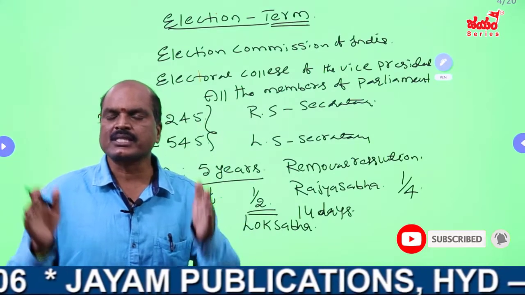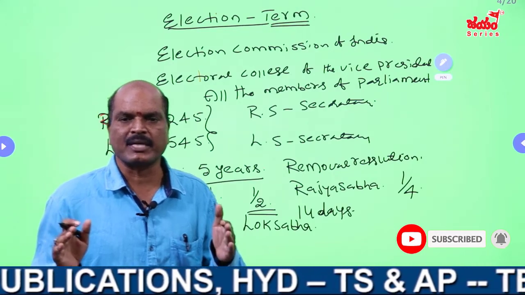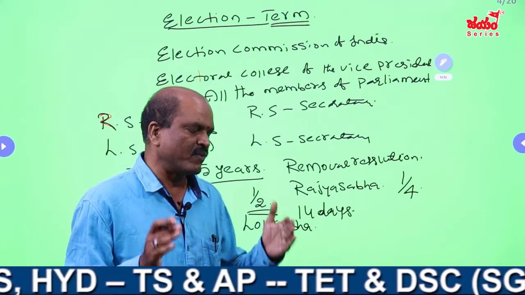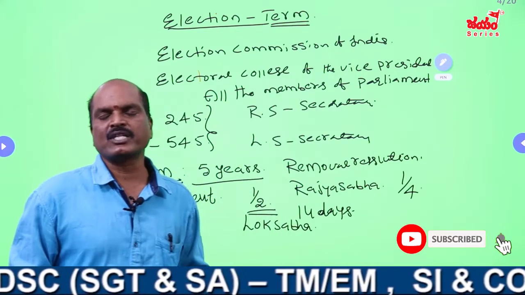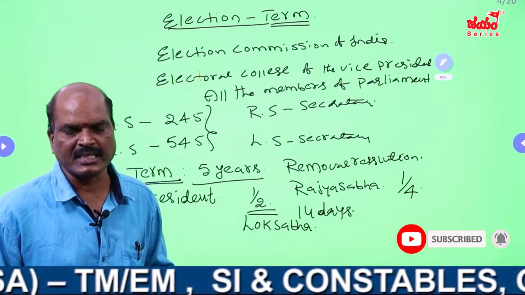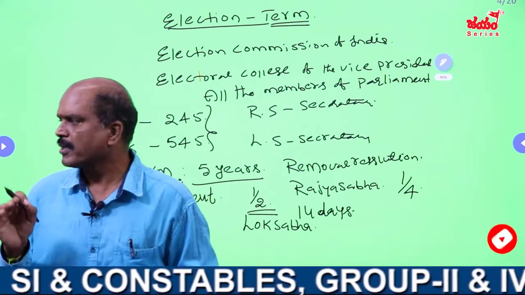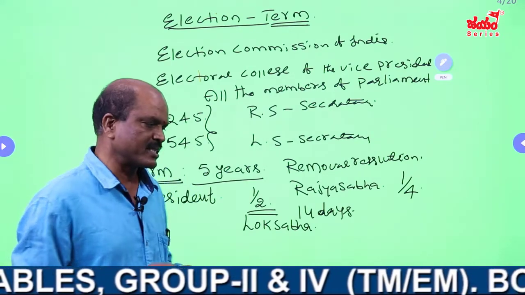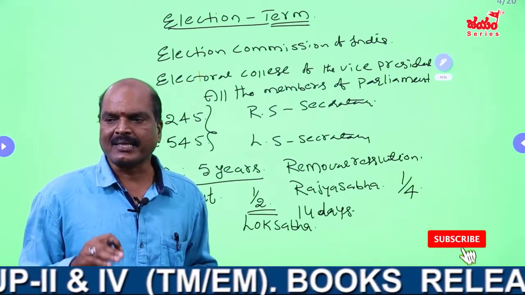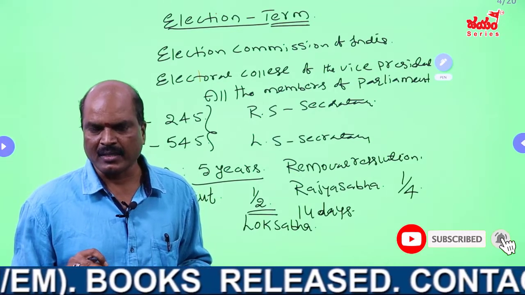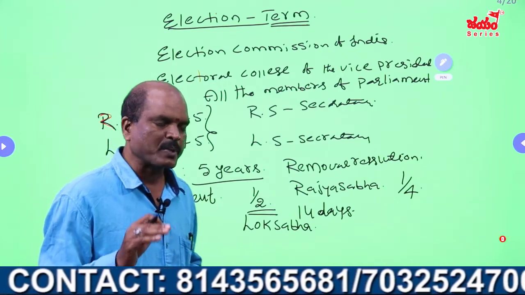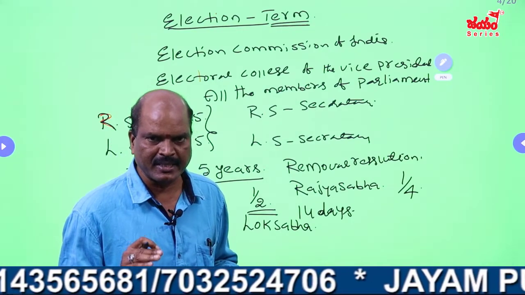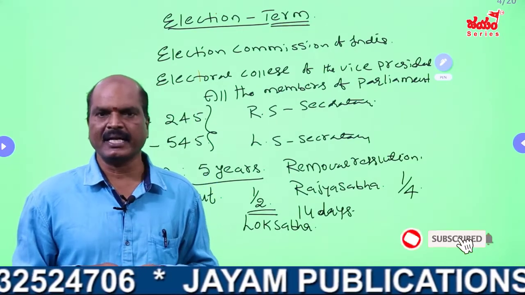Both houses of Parliament should accept it with a simple majority to terminate the Vice President from office at any time on or before 5 years. But luckily, so far no Vice President has been terminated by Parliament in India.